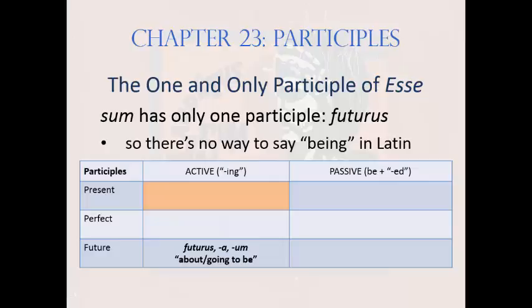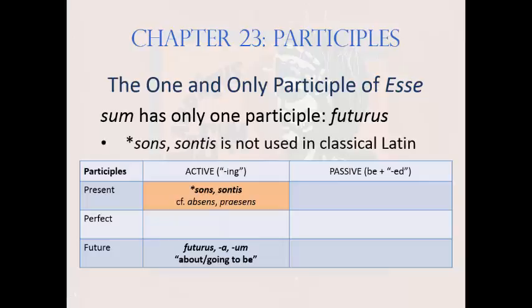The lack of this basic participle forced Latin into some odd expressions, as we'll see later in the course. Actually, there was a participle that meant being in pre-classical Latin, sans, santis, but it survived into the classical age only in a compounded, vowel-gradated form. For example, in absens, absentis, absent, that is, being away, and in praesens, praesentis, present, that is, being right in front or standing before.